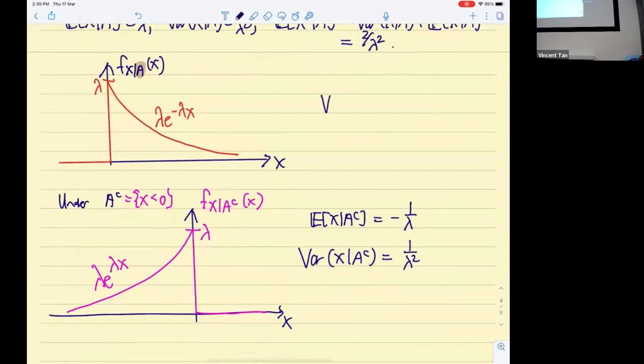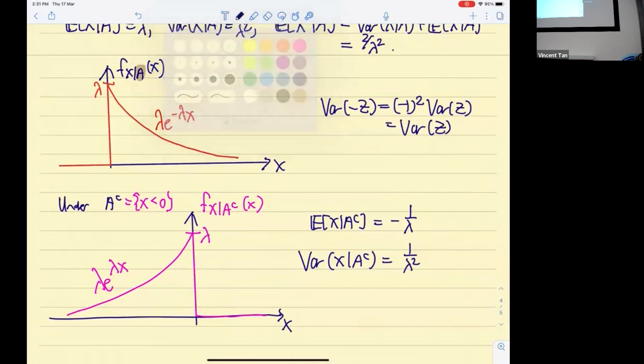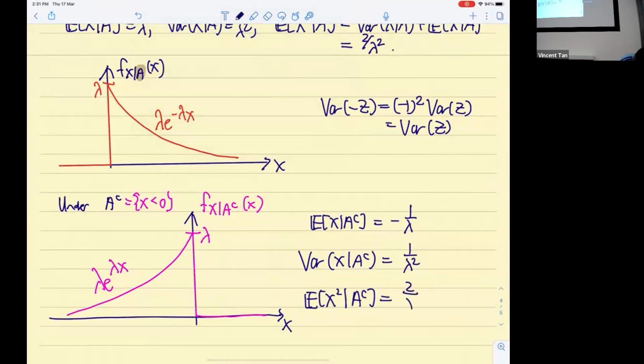You'll notice that the variance of minus z is equal to minus 1 squared times the variance of z. So the variance of the flipped version of z is the same as the variance of z. That's what I'm using. Now we can also compute the second moment, x squared given A complement, which is going to be the same thing, I guess. Yeah, 2 over lambda squared.